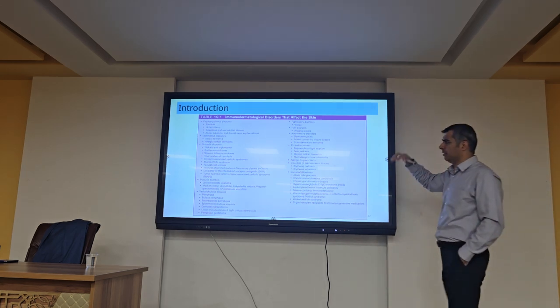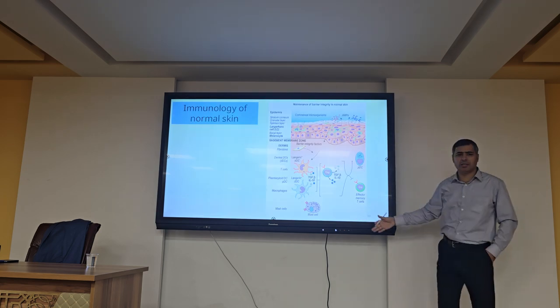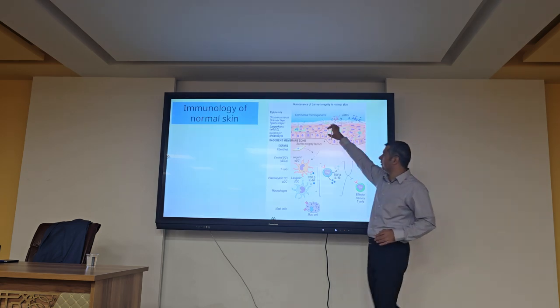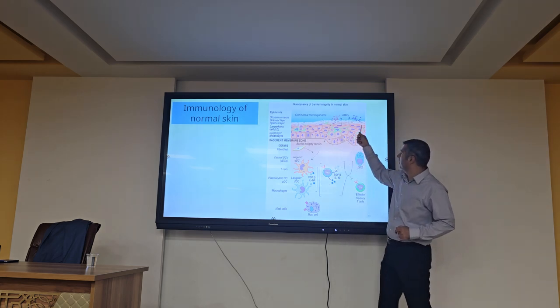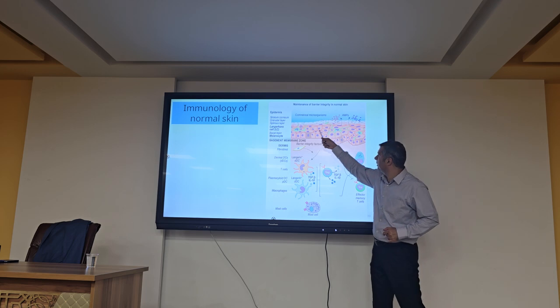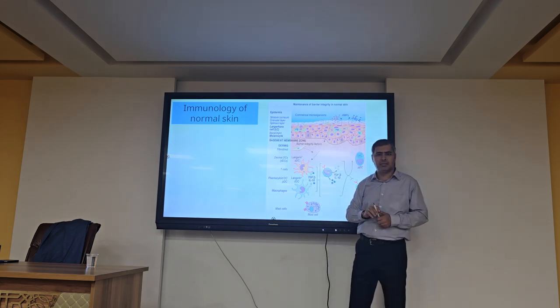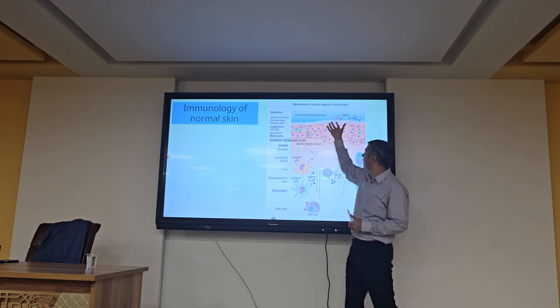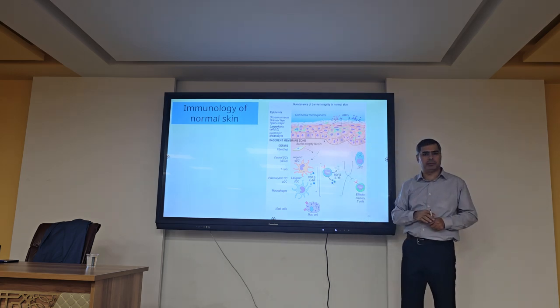There are many of them, and we do not have to check all of them. But in the structure of the skin, we have multiple layers of epithelial cells and intraepithelial dendritic cells. You can see them; they are called Langerhans dendritic cells. Langerhans dendritic cells will capture the antigen and take it to the nearby lymph node.